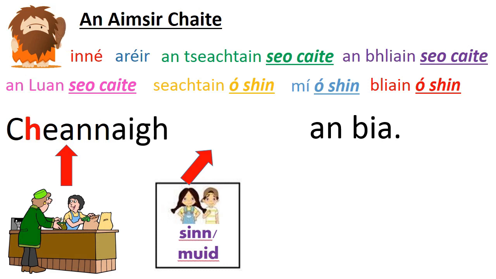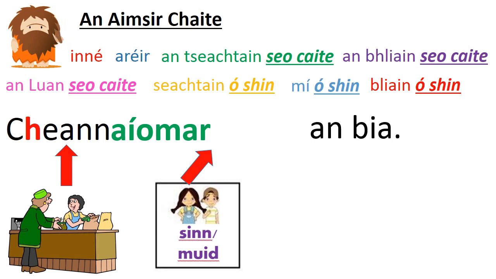Now, did you see that little flash there? For our Dara Réimniú briathra, our second family verbs, we don't stick our ending on just yet. We have to get rid of that last syllable. So away it goes. And the ending we put on is iamar. Cheanníamar an bia.